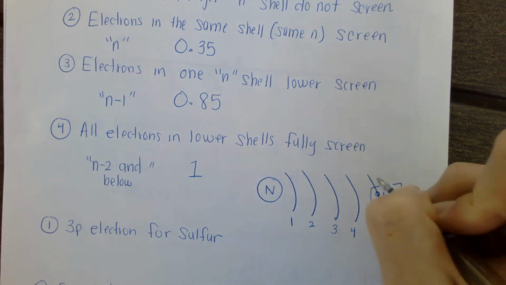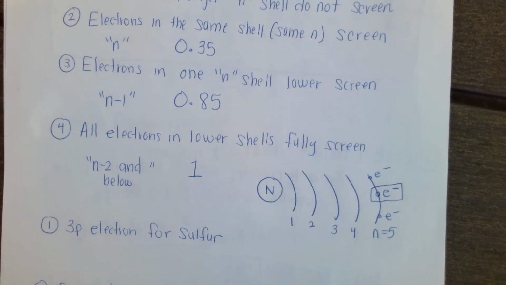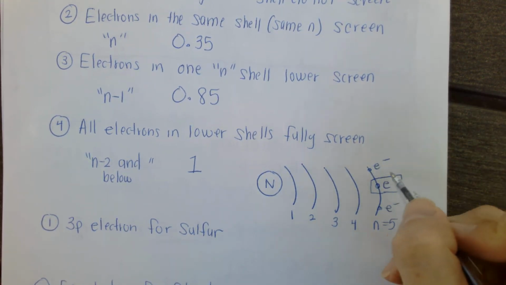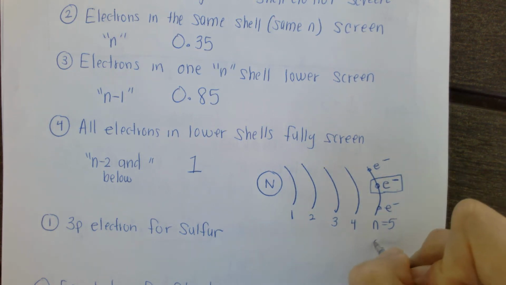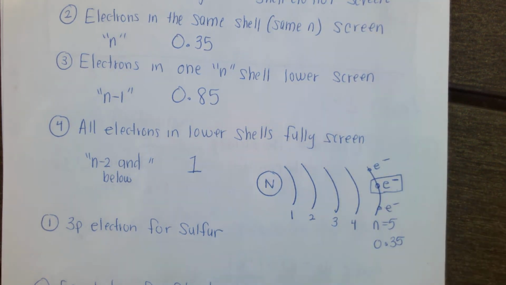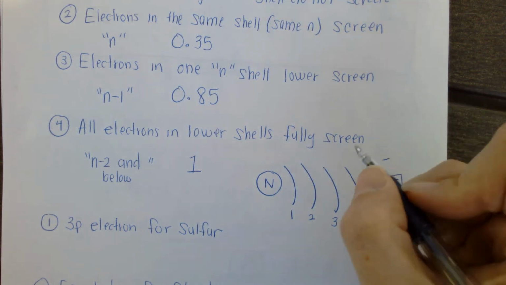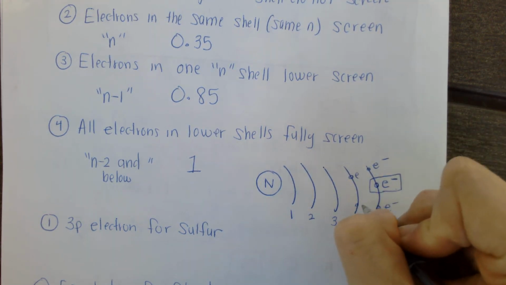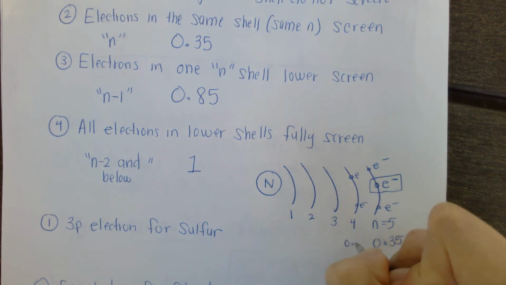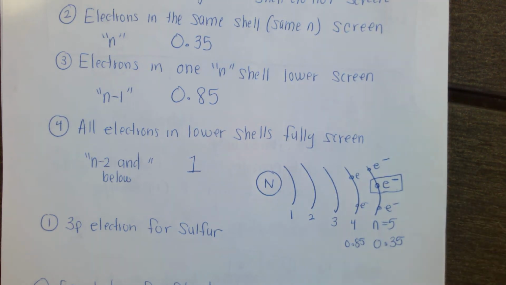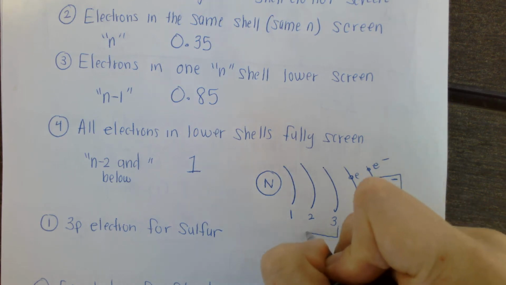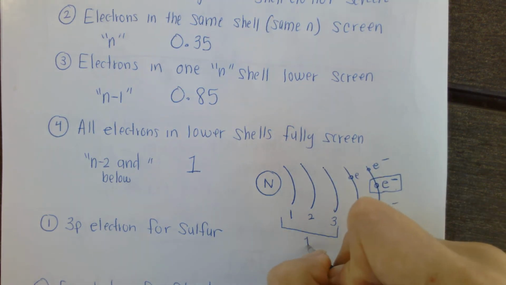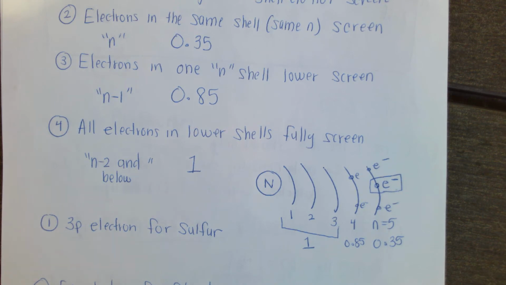So any other electrons that are also in this shell are able to screen this one at a value of 0.35. The next one down, n equals 4, any electrons we had in this shell are going to screen at 0.85. And then everything else below that, so n equals 3, 2, and 1, are going to give a full screening value of 1.